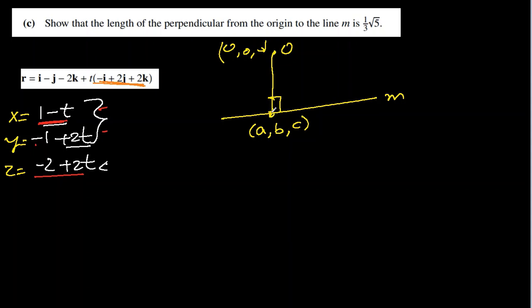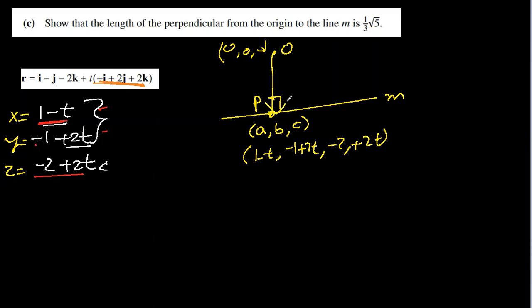Since this point, let's call it P, lies on the line M, it will satisfy these three parametric equations. That means we can write these as 1 minus t, comma, minus 1 plus 2t, comma, minus 2 plus 2t. Right?